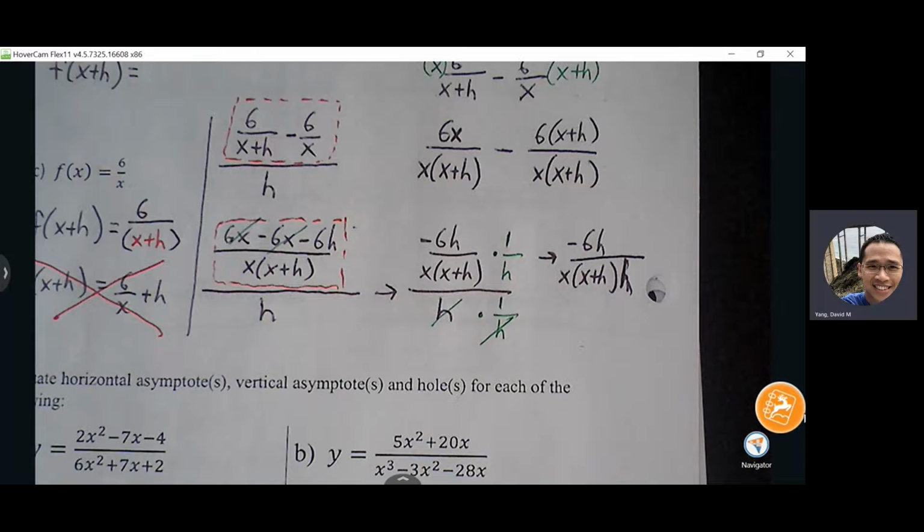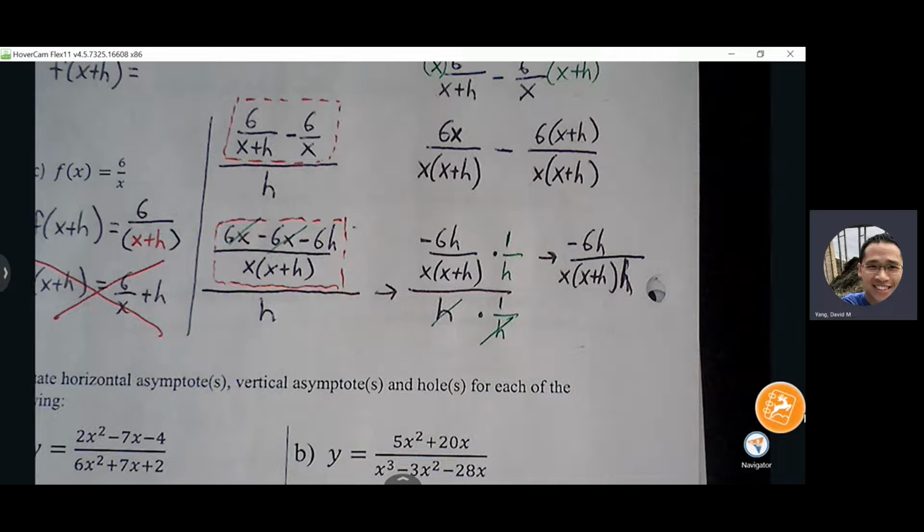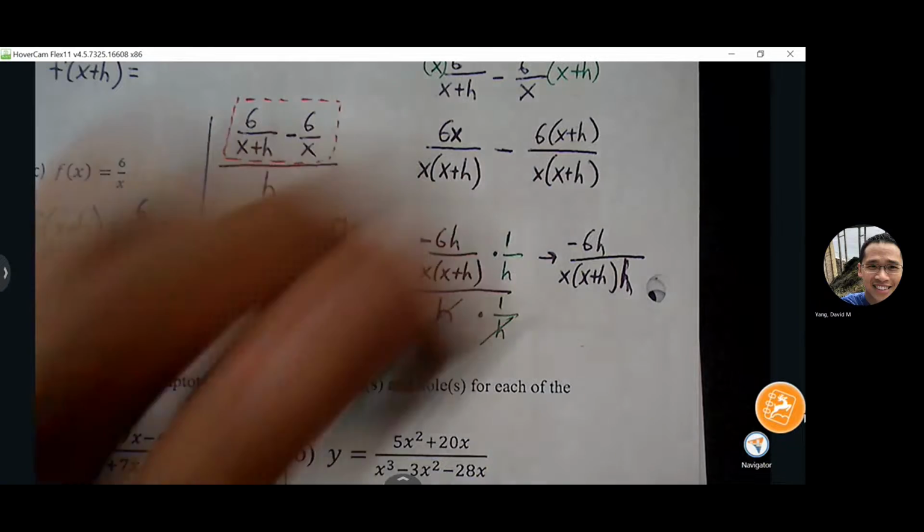Do you see anything that can reduce from here? The h, okay. The reason that we're able to match the h's and make them go away is because those h's have no addition or subtraction attached to them. Because that's the case, we can cancel across multiplication.